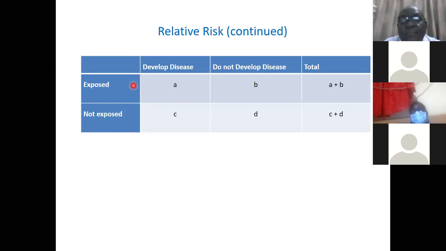If smoking causes lung cancer, the risk among the exposed is the numerator, put on top. The risk for those not exposed is smaller, so when you divide the bigger by the smaller, it should give you something greater than 1.